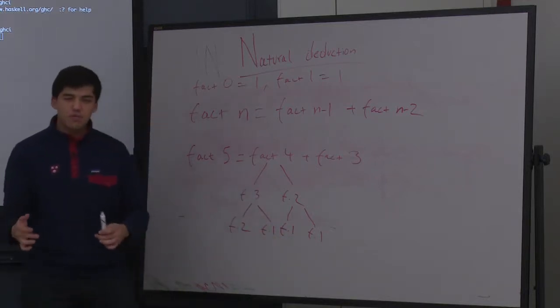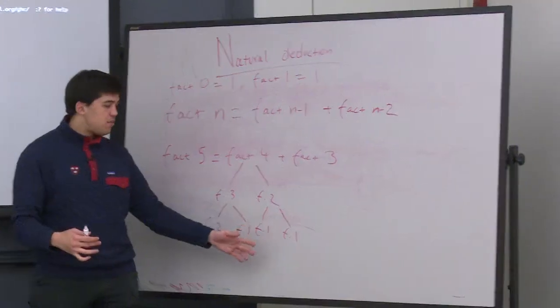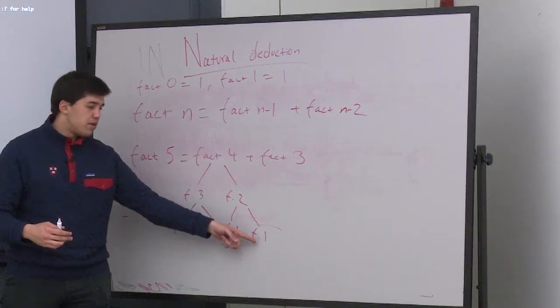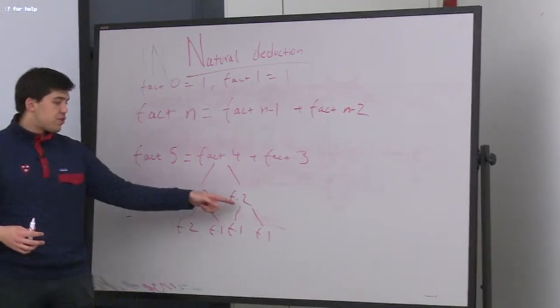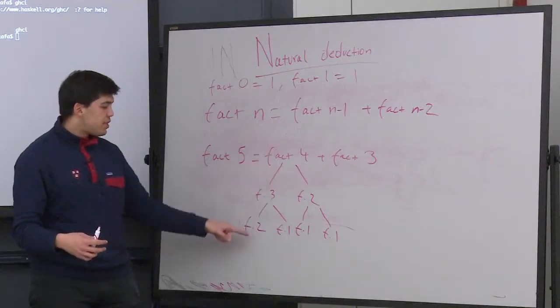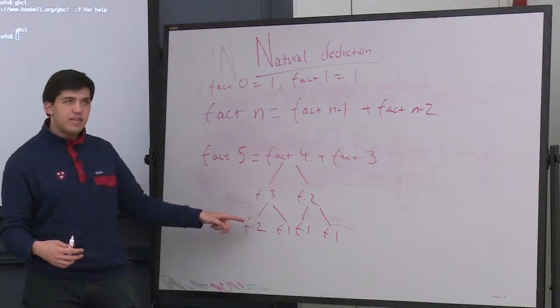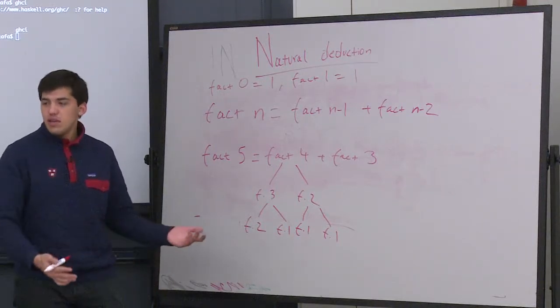With lazy programming, the computer says, okay, let me do all these calculations. Let me do F1, factorial of 1. That's equal to 1. Let me do factorial of 2. That's equal to 1 plus 1, 2. So when it comes here again and sees that it's asked to evaluate fact 2, it doesn't do 1 plus 1, no matter how insignificant that calculation is.